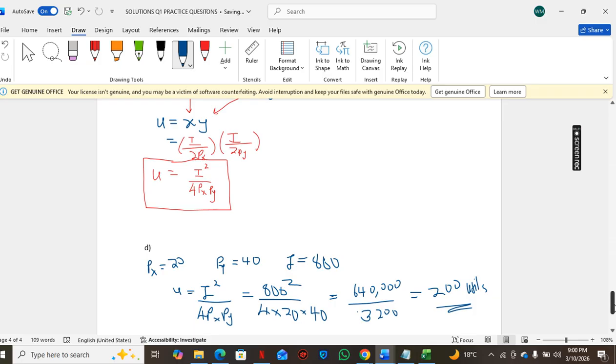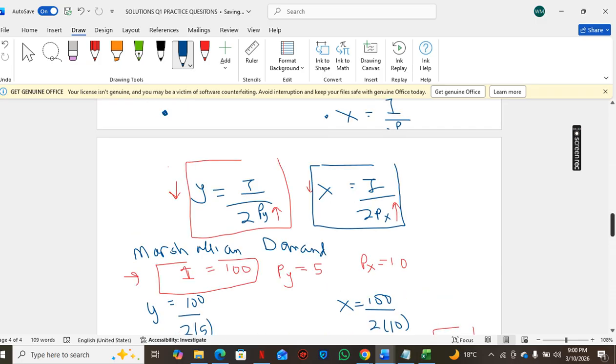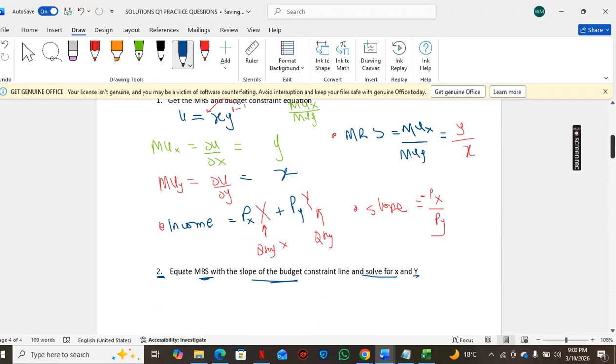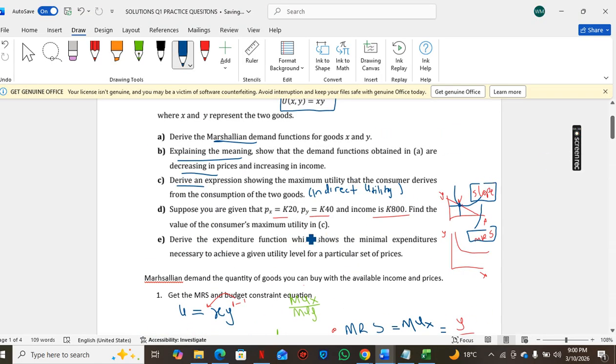Part E. Derive the expenditure function which shows the minimum expenditures necessary to achieve a given utility for a particular set of prices. Alright. Yes, the expenditure function, this is the definition.